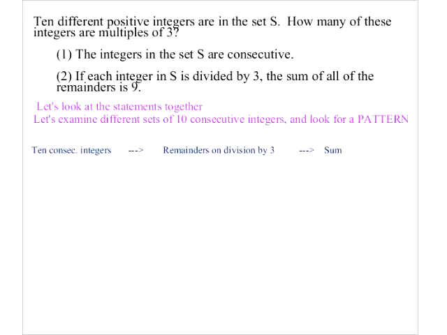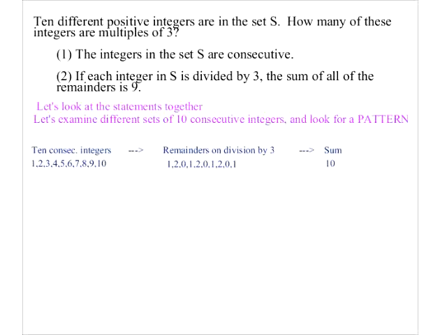So let's say your 10 consecutive integers are 1 through 10. Then your remainders are 1, 2, 0, 1, 2, 0, 1, 2, 0, 1. And so your sum is 10.